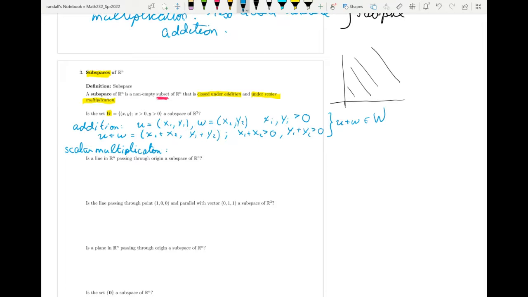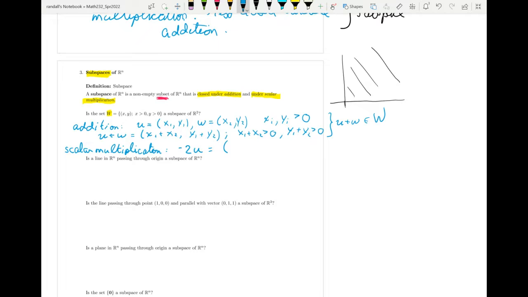However, if it's not closed under scalar multiplication, then you just have to exhibit one example where the scalar product k times v, for v in W, is not in W. So I'm going to use my intuition and see that something's going to go wrong here when you multiply a vector by a negative number. So let's take minus 2 times this vector u. I've taken an arbitrary vector u, and a specific scalar, minus 2.